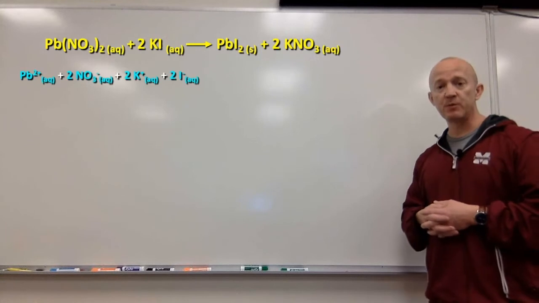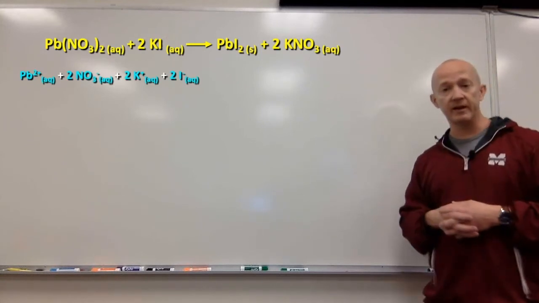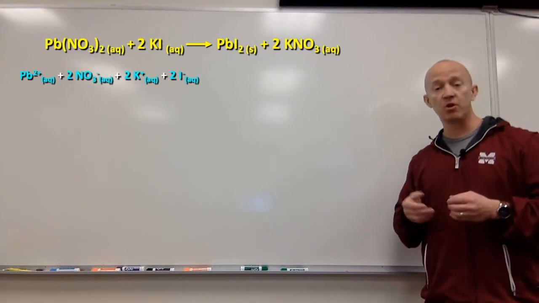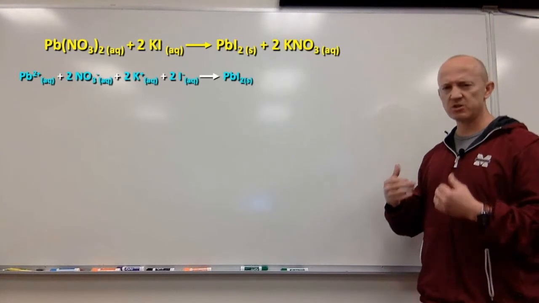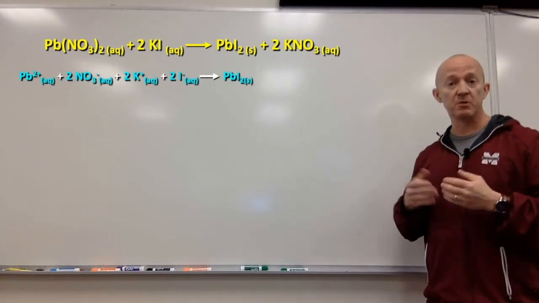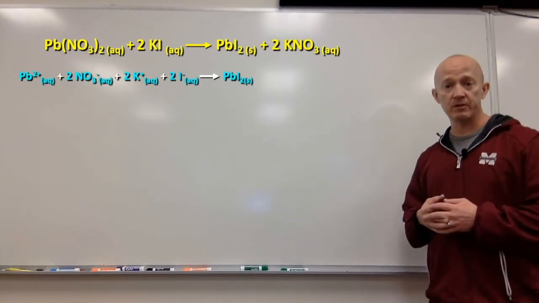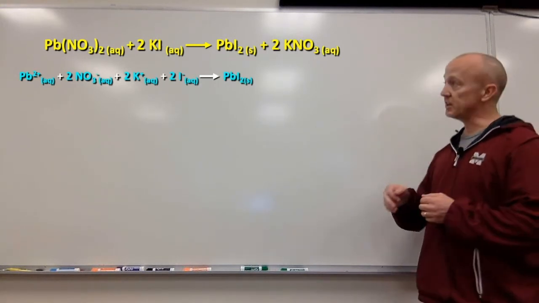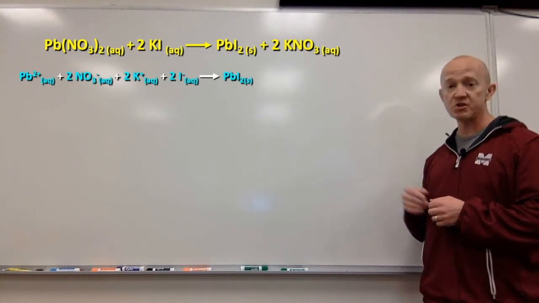Our two possible products are potassium nitrate and lead(II) iodide. We can use a solubility table to show that lead(II) iodide is our solid. That is, it doesn't really dissociate much in water. That will be our precipitate that forms. Potassium nitrate, on the other hand, is aqueous. It dissolves in water. We see that we have 2 formula units of potassium nitrate in our equation.